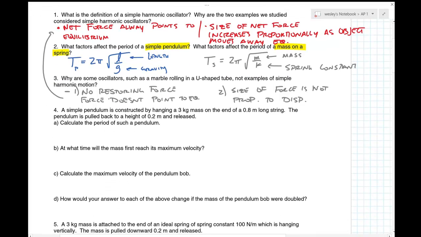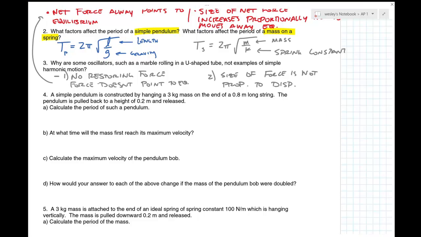All right, number 4, we have a simple pendulum, and we're going to calculate some things about it. So for this simple pendulum, we're going to have it hanging straight down. This is going to be my equilibrium position.